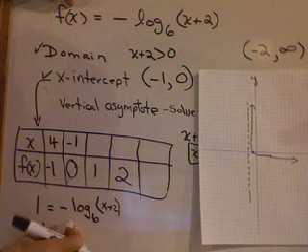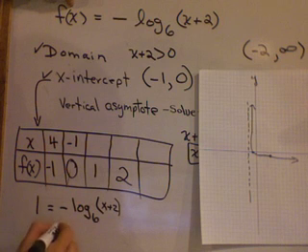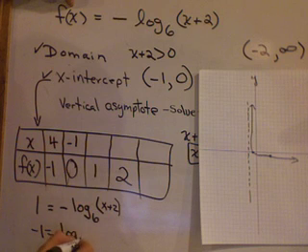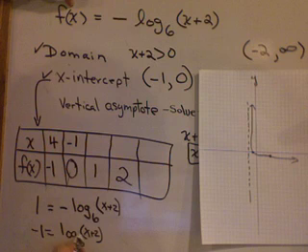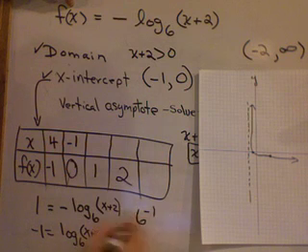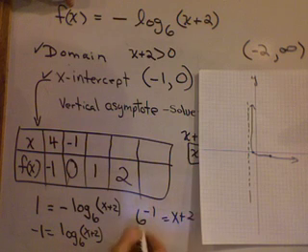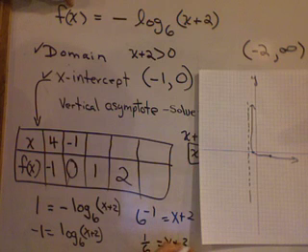Let's backtrack a minute. Let's make this negative 1 equals log base 6 of x plus 2. Now we're going somewhere. 6 to the negative 1 equals x plus 2. Well, 6 to the negative 1 is 1/6, equals x plus 2. So x equals 1/6 take away 2.